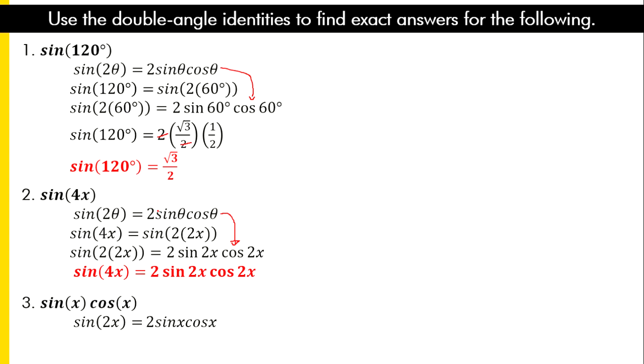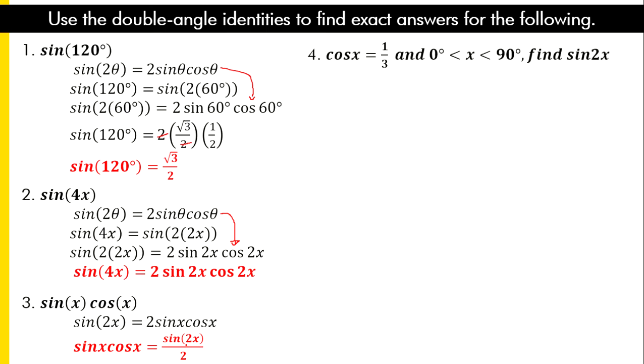If we divide both sides by 2, we obtain the double angle of sine over 2. So the equivalent of sine x cosine x is equal to the double angle of the sine over 2. Sometimes we just need to manipulate our data to fit our formula, our identity, to obtain our answer.